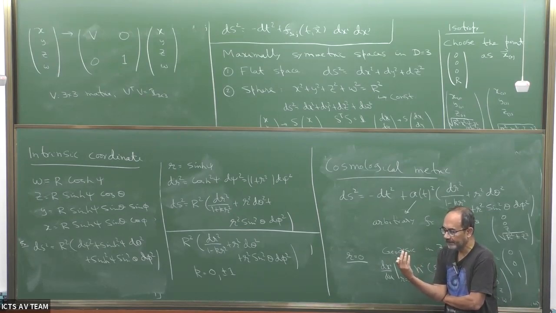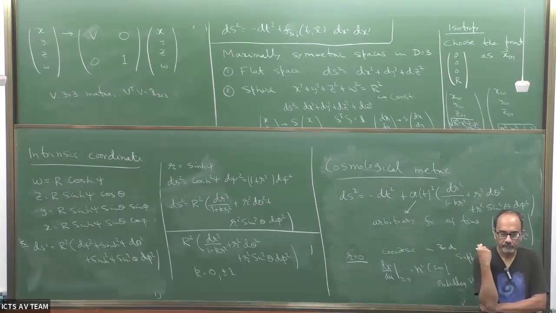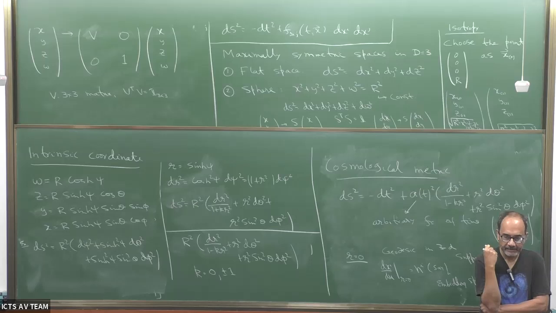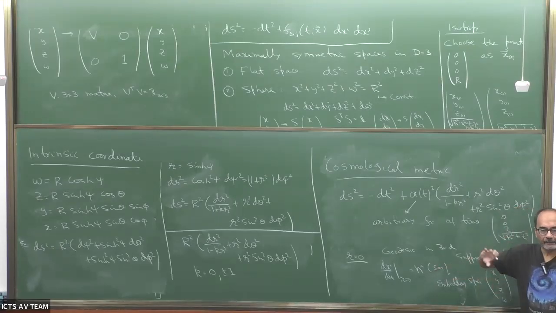Is that clear? So we have to restrict the... Exactly, that's right. We have to respect the isometry, right? So this initial condition, for example, doesn't violate the xy rotation, right? Rotation in the xy plane.